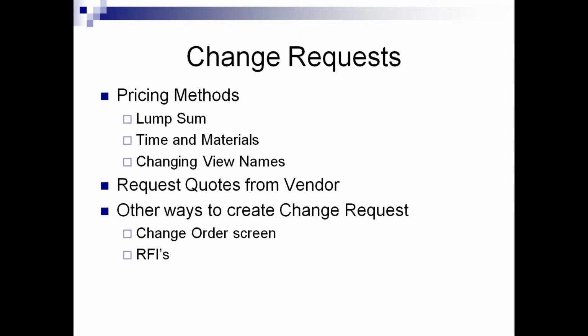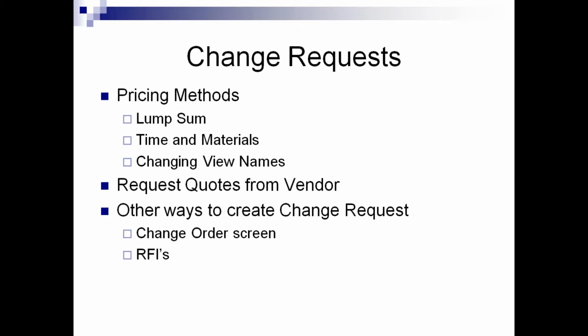So it's going to depend on maybe your contract, or if this is a quick bill job, which pricing method you choose for that change request. And what this controls is actually what comes up on the grid. It controls the columns that you see, which we can modify, and I'll show you how to do that when we get back into the software.